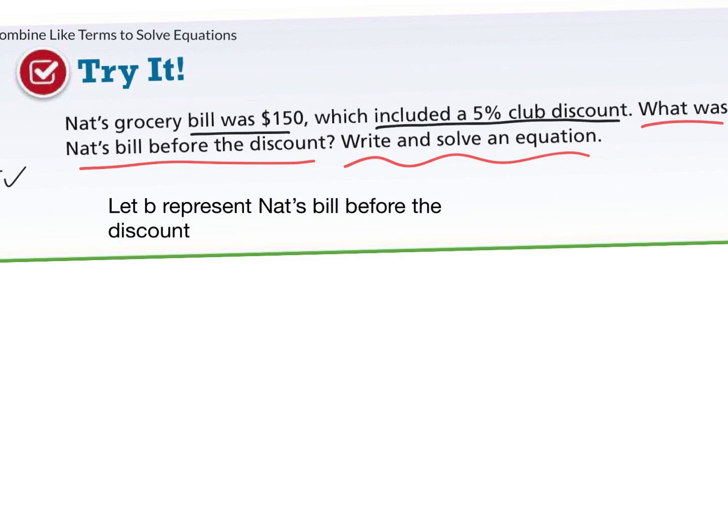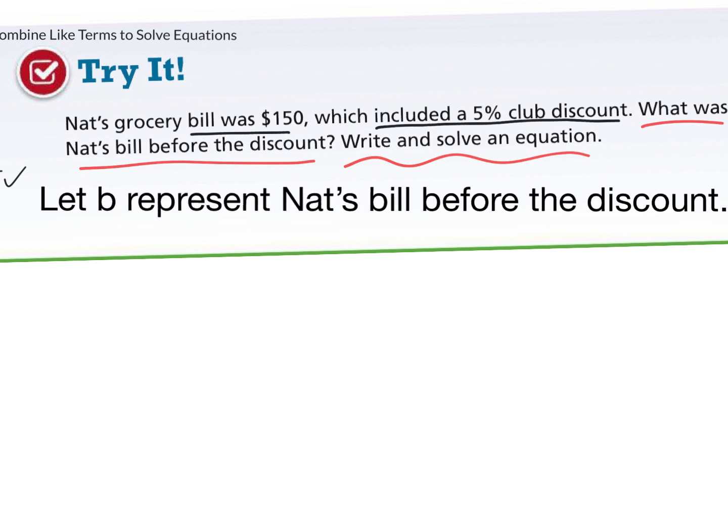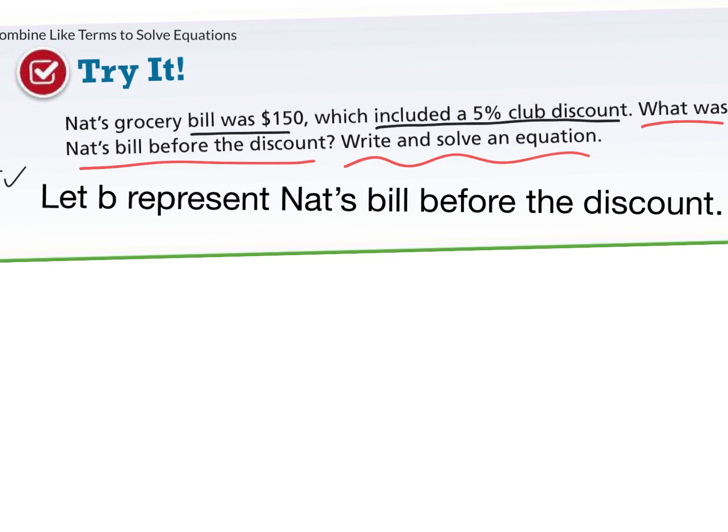Since that's what we're trying to find, that's going to be our variable here. And then we can think about what percent we're going to pay and then come up with an equation based off of that is one option.